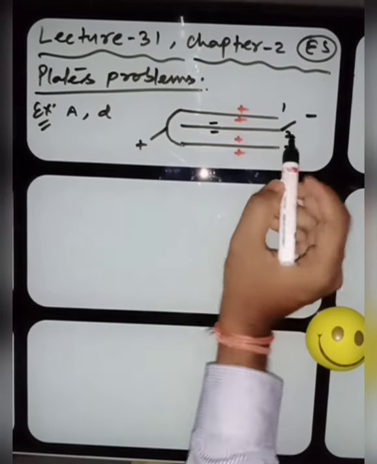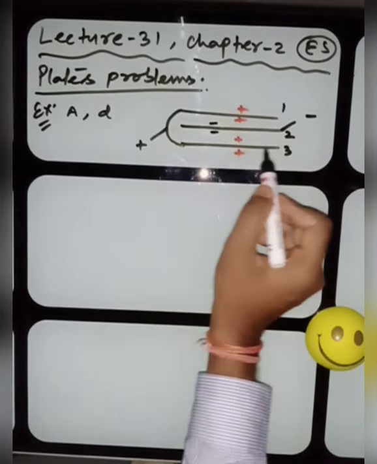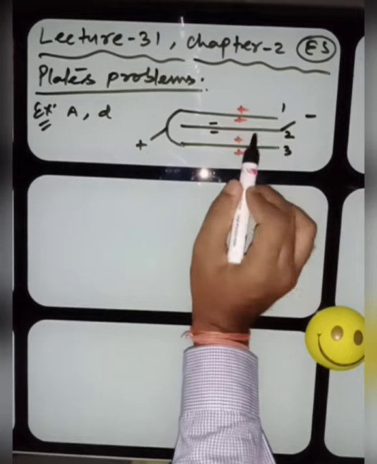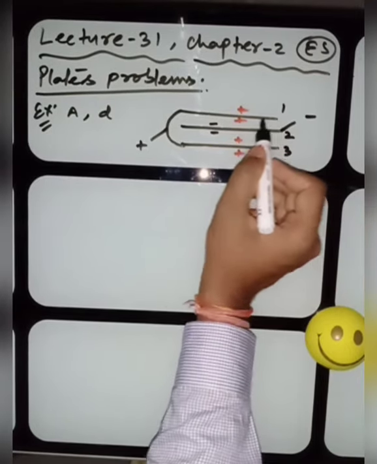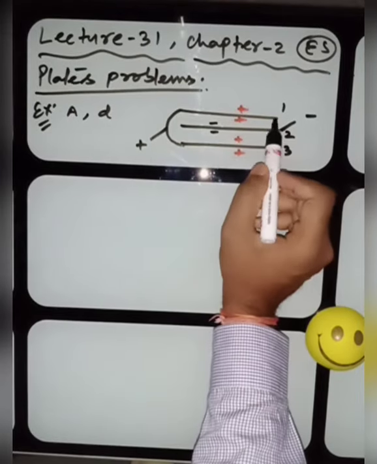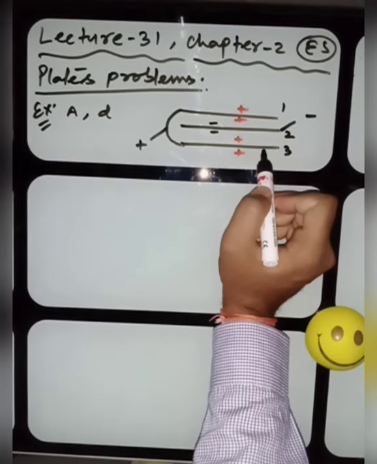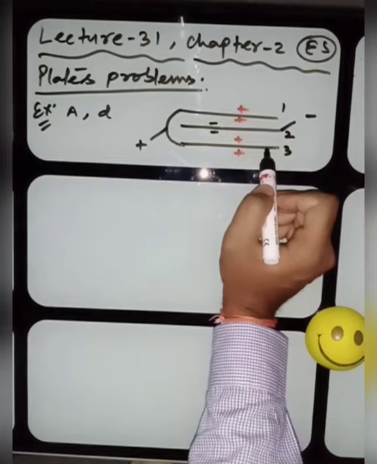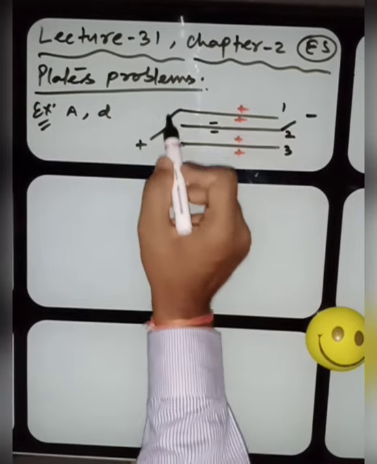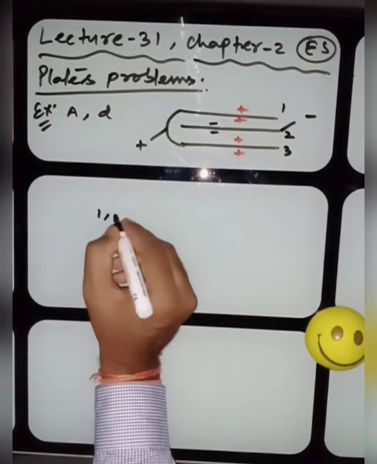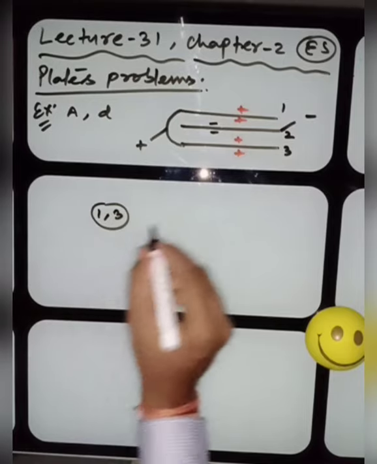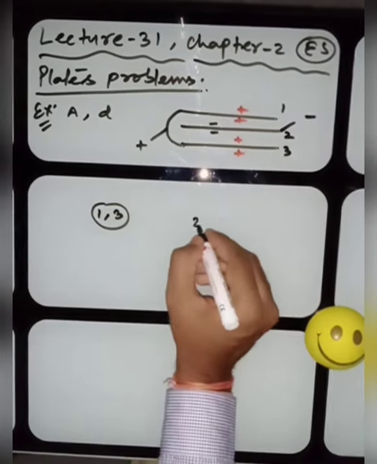Now students, you can see 1 and 3 are connected. It means these two are at the same potential. So you will write 1 and 3 at one point. They are connected directly, that's why I'm writing 1 and 3 at one point, and another point is 2.